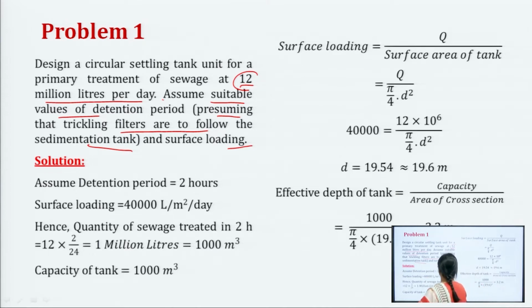Here what we are assuming? Let us assume that detention period is 2 hours, right. Then let us also assume that the surface loading is 40,000 liters per meter square per day, right. Why? Because if you remember, we have talked about plain sedimentation.